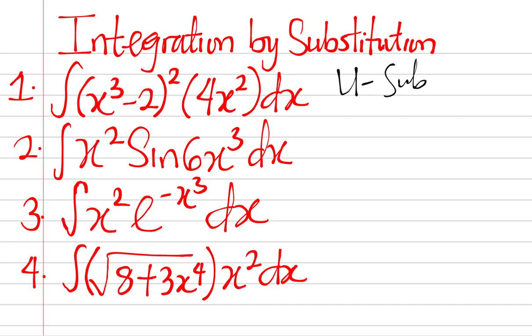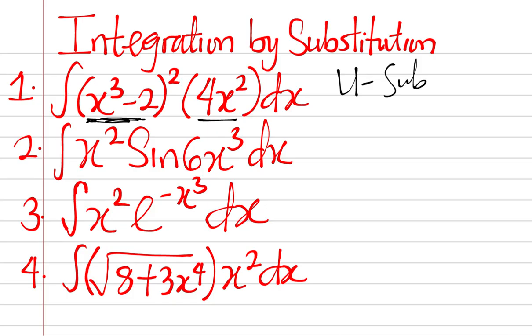You cannot say your smaller function should be U. So if you look at number one, I have x cubed minus 2 and I have 4x squared. Which one is bigger here? x cubed minus 2 is bigger than 4x squared. So what you are going to say here is let U be x cubed minus 2.